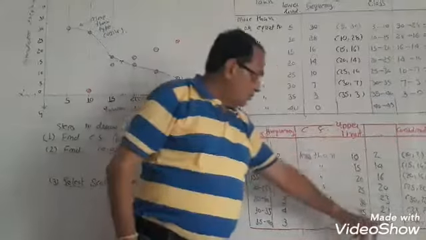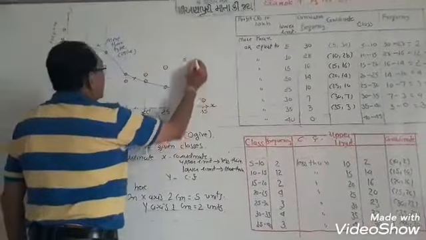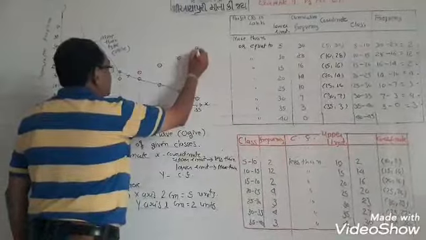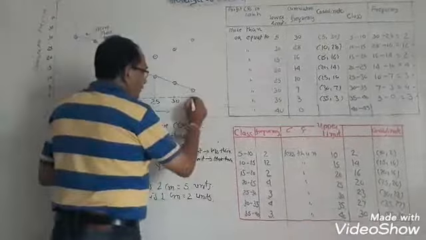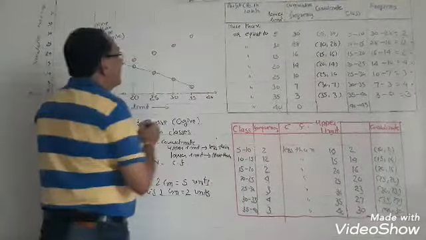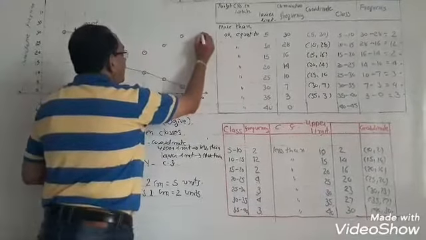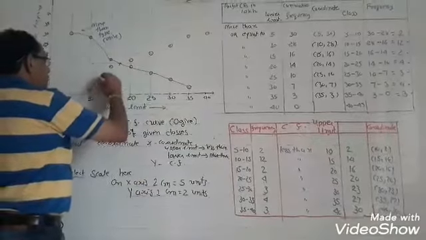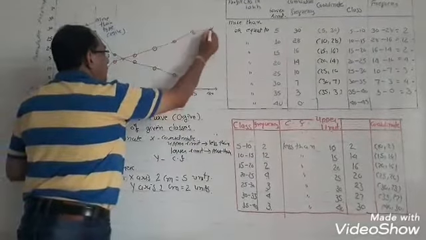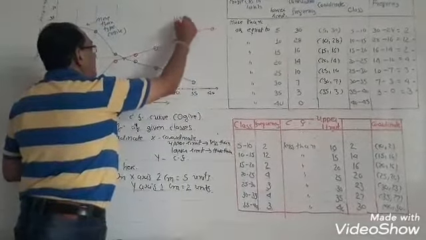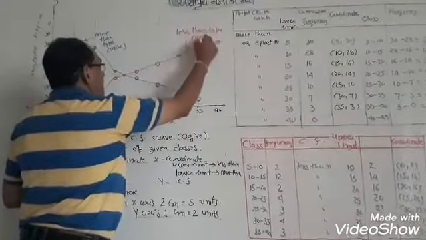Next, 35 and 27. And next, 40 gives 30. We will draw it here. Draw the smooth curve. That is your less than type cumulative frequency curve.